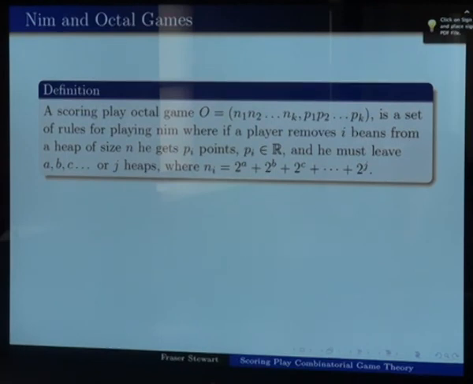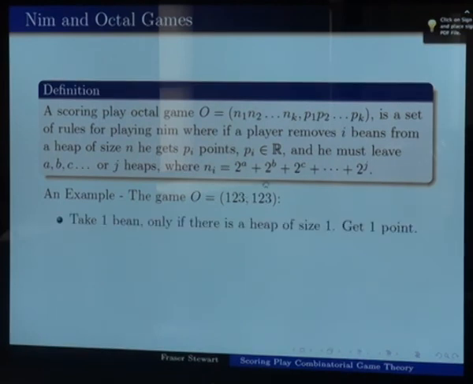You don't really need to know this definition too much, but basically the reason I'm interested in this particular game is because it's a kind of standard, what we call an impartial game. So, for example, this game here, 1, 2, 3, just to show you how this game is played. Under this definition, if you take one bean, you can take one bean only if there's a heap of size 1, and you get exactly 1 point for taking one bean.